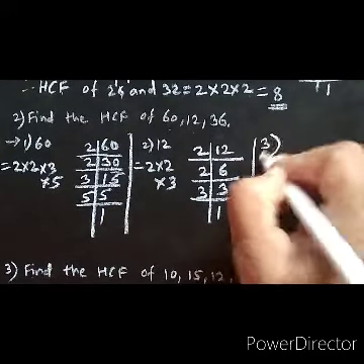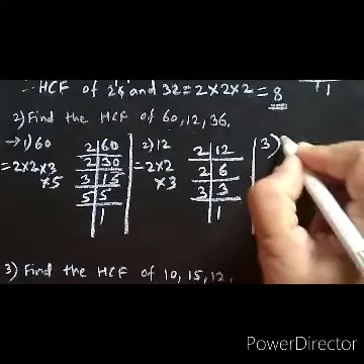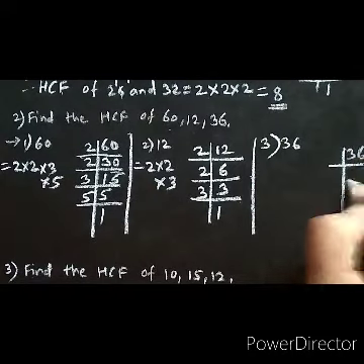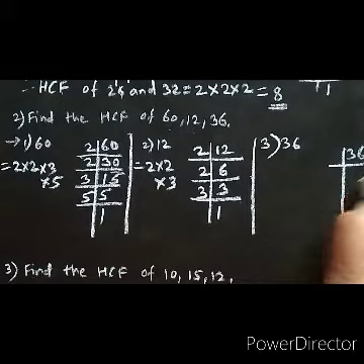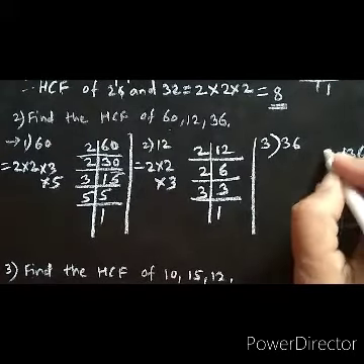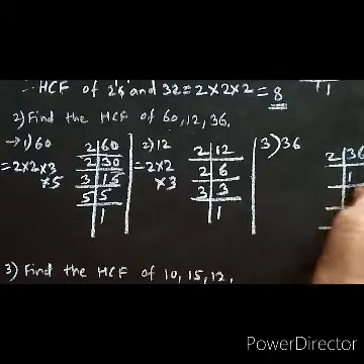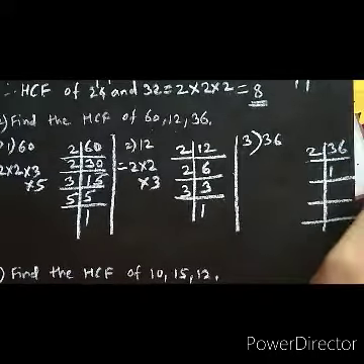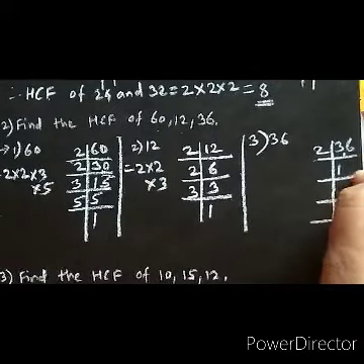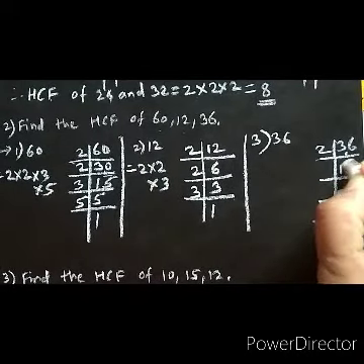Now next we have to find prime factors of 36. In 36, last digit is 6, that is even number, therefore dividing by 2, 2 ones are 2, 3 minus 2, that is 1 remain. 1 and 6, that is we got 16, 2 eights are 16.